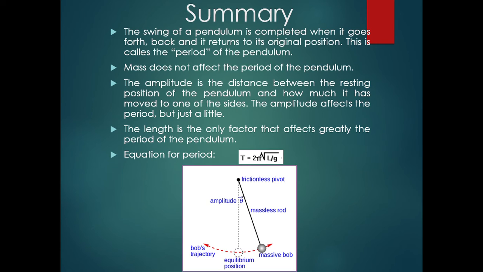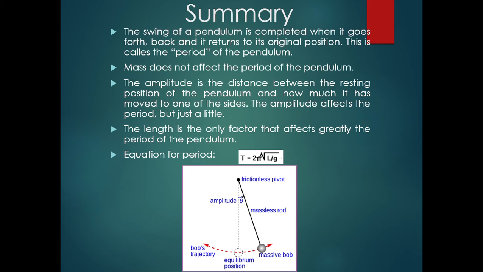Let's continue. We have that the length is the only factor that greatly affects the period of the pendulum. One more time, we have to remember that length is what we measure from the attaching point to the middle of the bob.